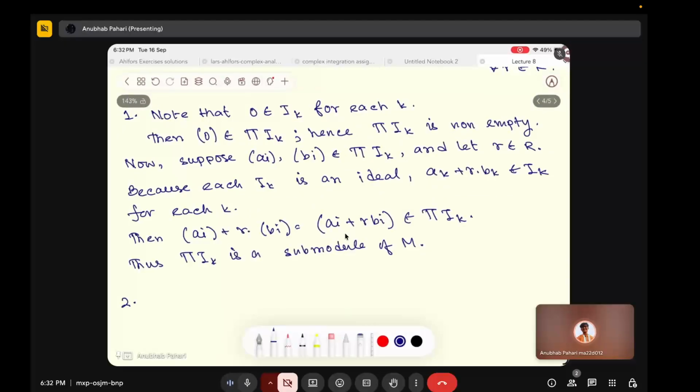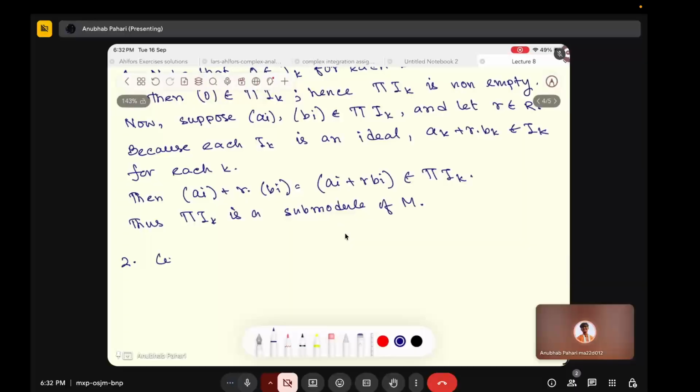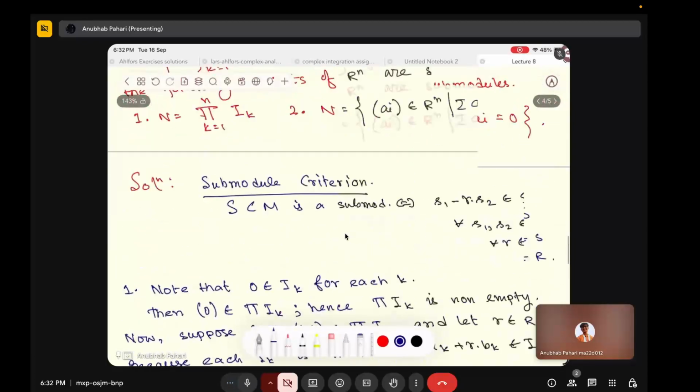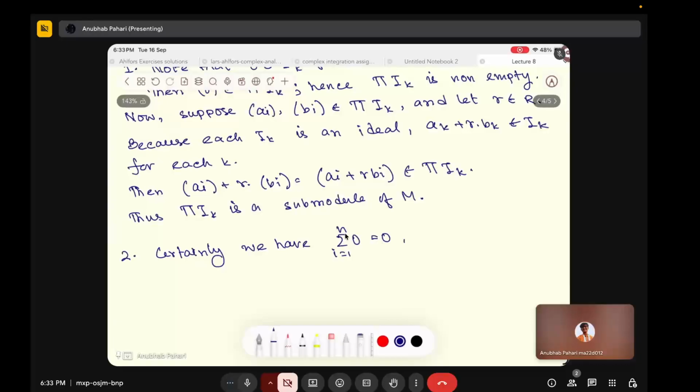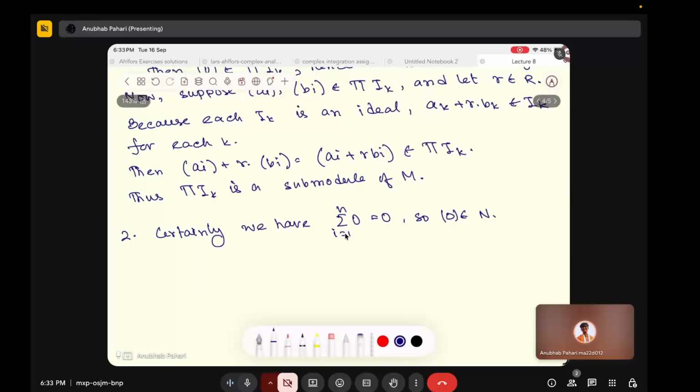Now for the second part, certainly the sum of zero elements is 0, right? So 0 belongs to N. Again we will use the submodule criterion.